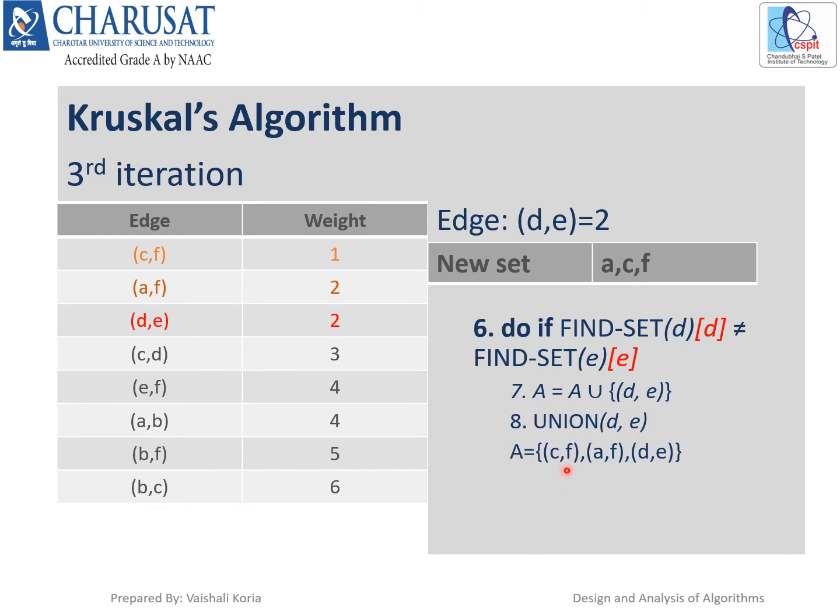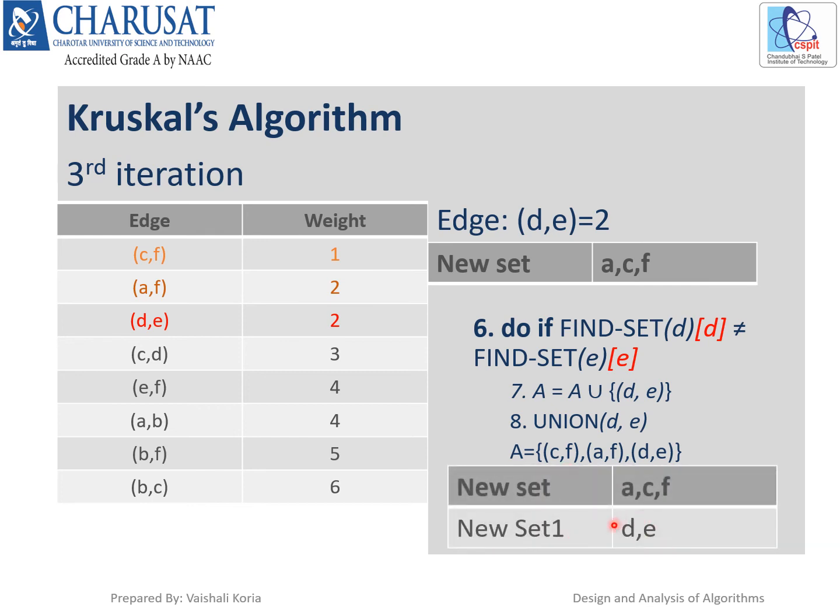A new set will be created which merges D and E both, and the representative elements of this set are D and E. So after this third iteration we have two sets. One set is storing ACF and another set is storing D and E.